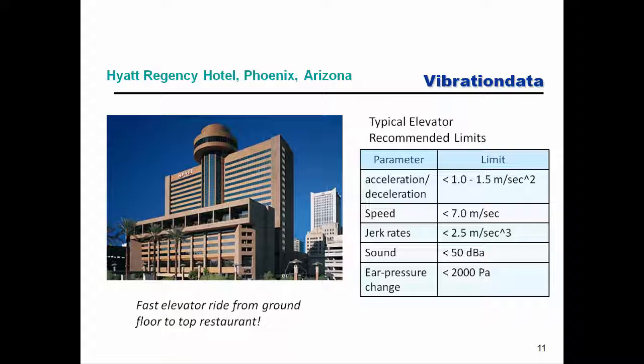For acceleration or deceleration, the limit, if we want to be conservative, should be less than 1 meter per second squared. If we take the gravitational acceleration and, for simplicity, round up, 1 g is equal to about 10 meters per second squared. So the limit is effectively less than 0.1 g for acceleration and deceleration.